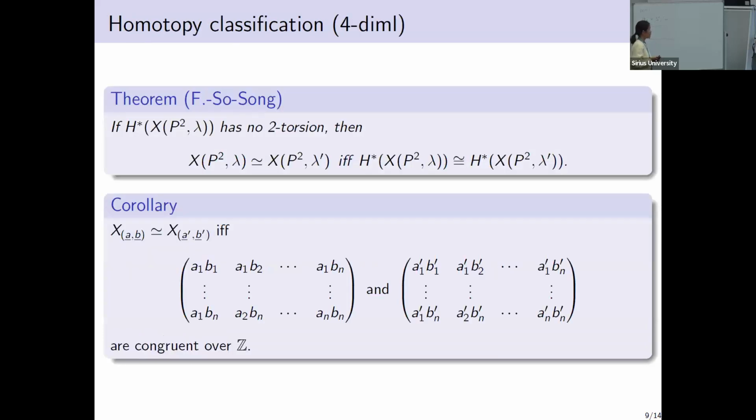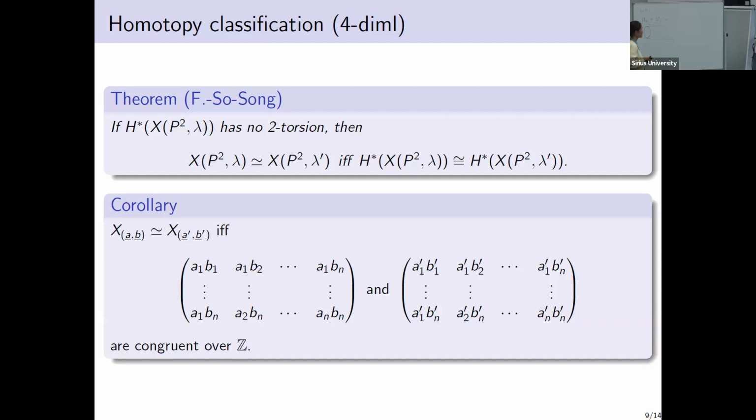There is a consequence of this result. We also showed that if the cohomology of the four-dimensional toric orbifold has no two-torsion, then the cohomology ring can distinguish the homotopy type of the spaces.